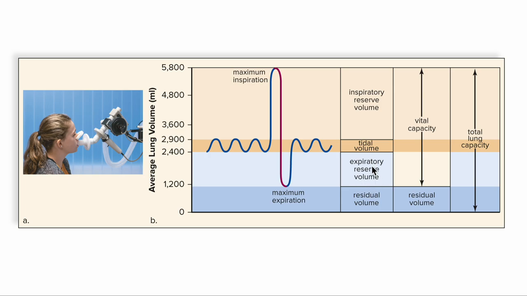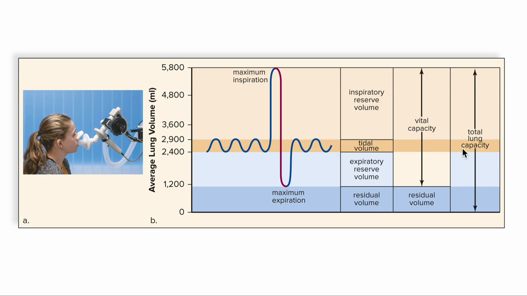So if we measure our inspiratory reserve volume, our tidal volume, and our expiratory reserve volume, all three added together is our vital capacity. Again, our vital capacity is the maximum amount of air that we can move in and out of our lungs in a single respiratory cycle. And it is the sum of the ERV, the tidal volume, which is VT, and the IRV.